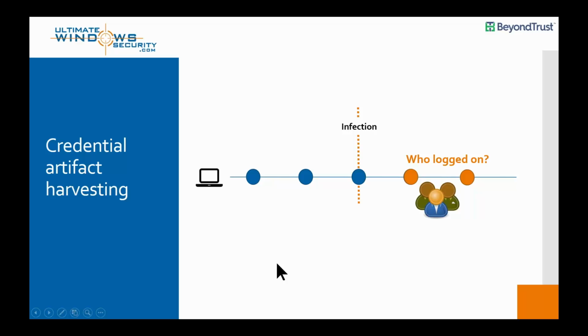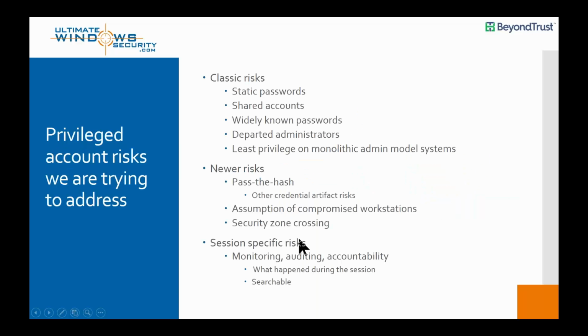Yep. So on the timeline, of course, we have to worry about who logs on after the infection or compromise, but with credential artifact risks, the bad guy actually gets to go back in time and ask who logged onto the system before. Are there any credential artifacts out there? Grab them, use them, and so on. All of this has made it really difficult in recent years to shut down the lateral movement of bad guys.